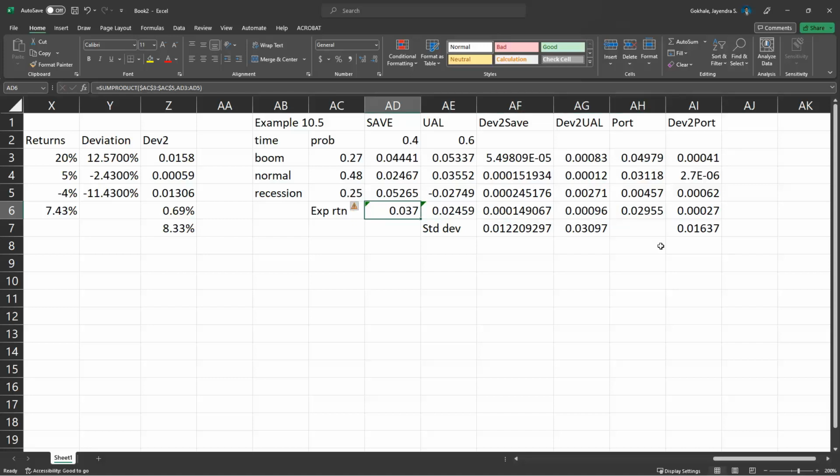So our returns have gone between those for Spirit and United, but our standard deviation has also gone between Spirit and United. So 1.2 and 3.1%. So that's the advantage of creating a portfolio. You do tend to take on a little bit more risk and a little bit better return than each of the individual stocks.